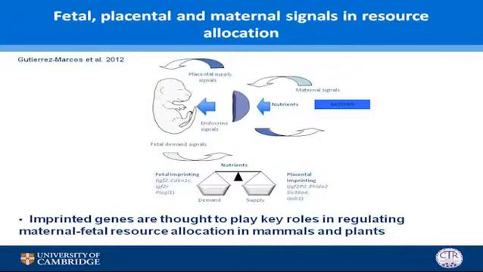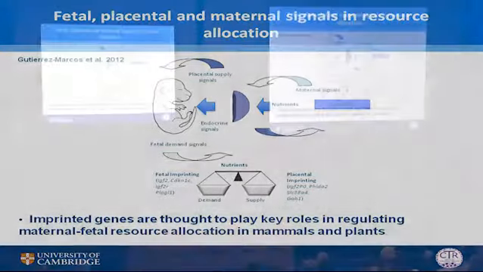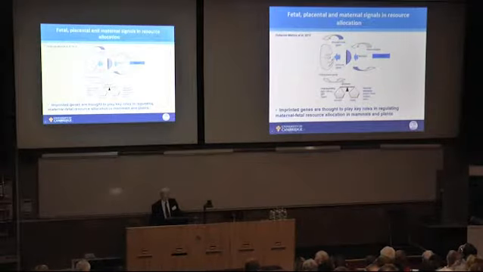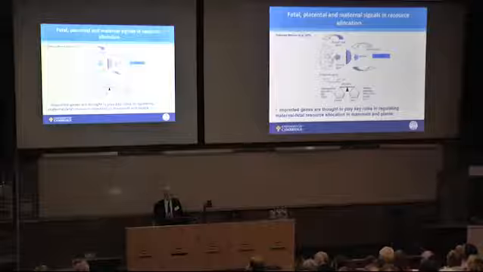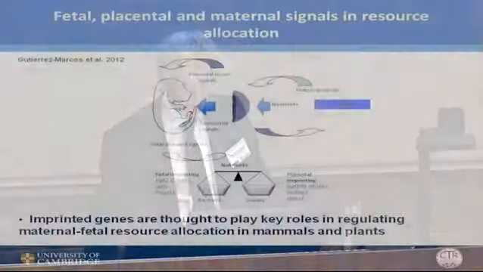The nutrient supply will impact on the fetal development, but equally we know now that there are fetal signals coming back towards the placenta that can alter the expression of these key transporter genes. So it is very much a two-way dialogue, and I think this makes it much more complex than just maternal nutrition alone. We need to think about how the placenta has developed and how it is functioning.